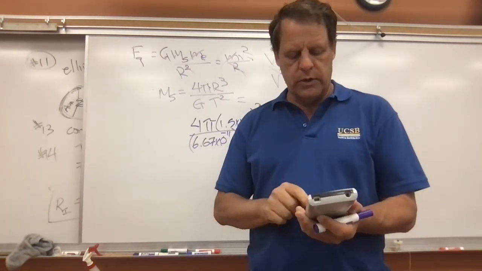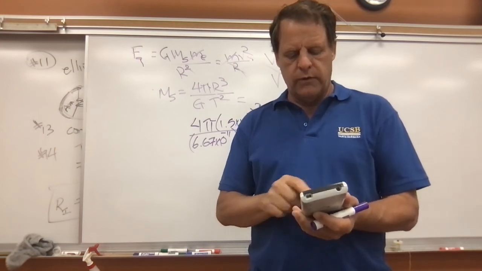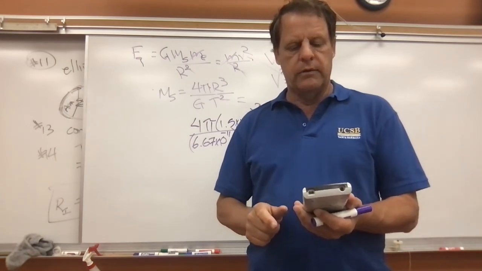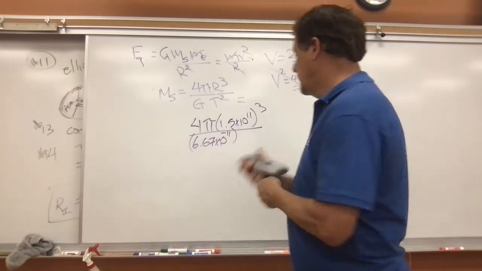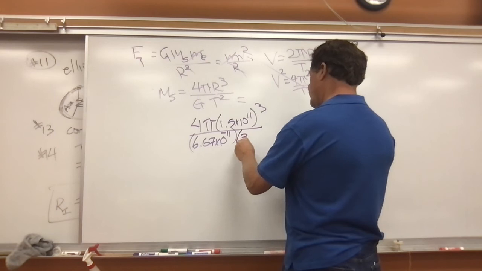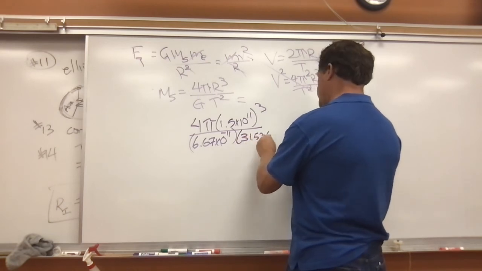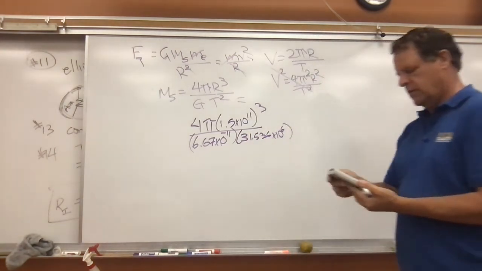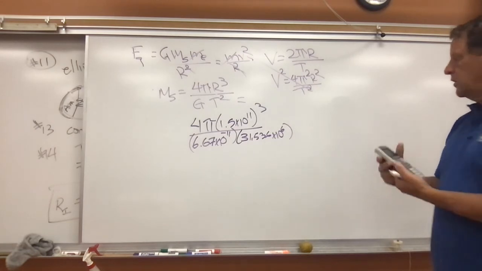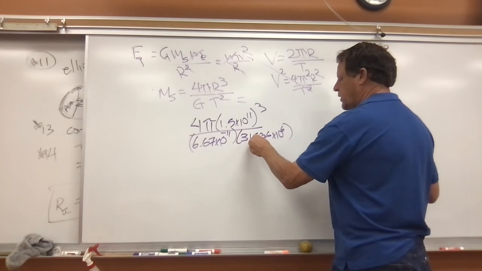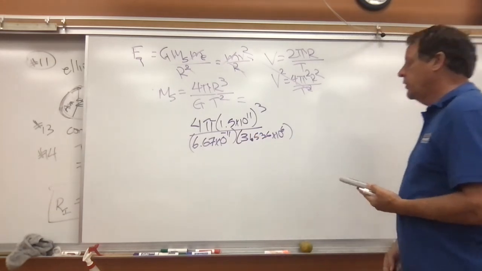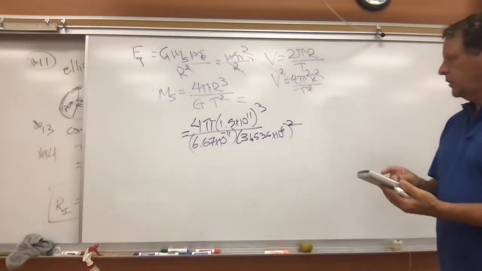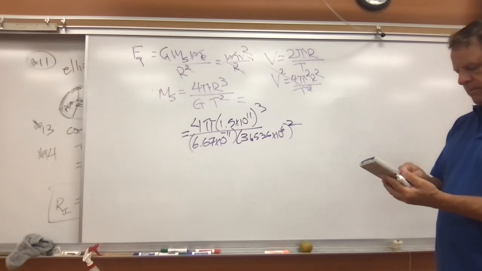Let me walk you through that. We have 365 days times 24 times 60 times 60, which is 31.536 times 10 to the 7th seconds, about 31.5 million, and that gets squared.